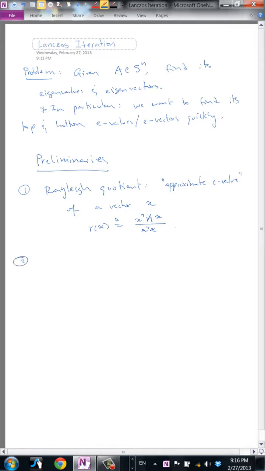Second thing that is of fundamental importance in understanding Lanczos is something called Krylov subspaces. And the definition is as follows. If we're given a vector q in R^n and our symmetric matrix A, it turns out that what's important is we care about the span of q, Aq, A squared q, and so on.